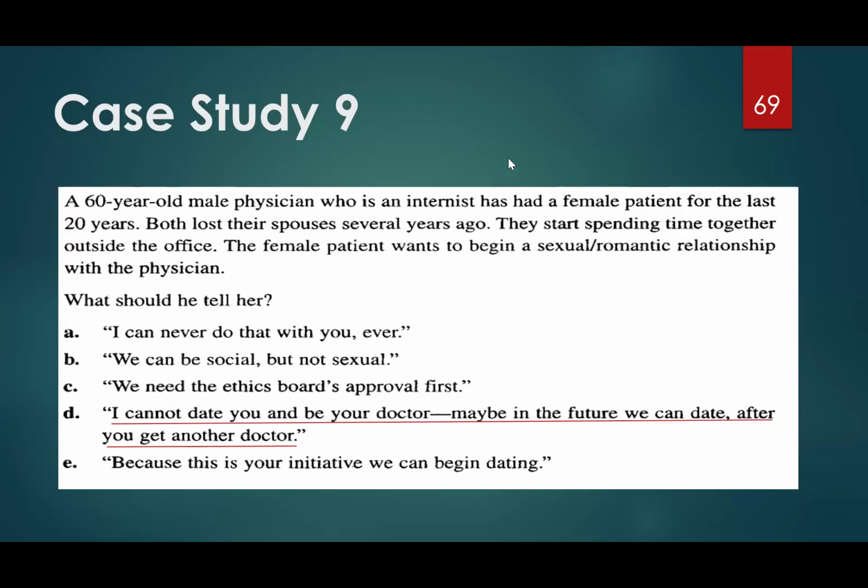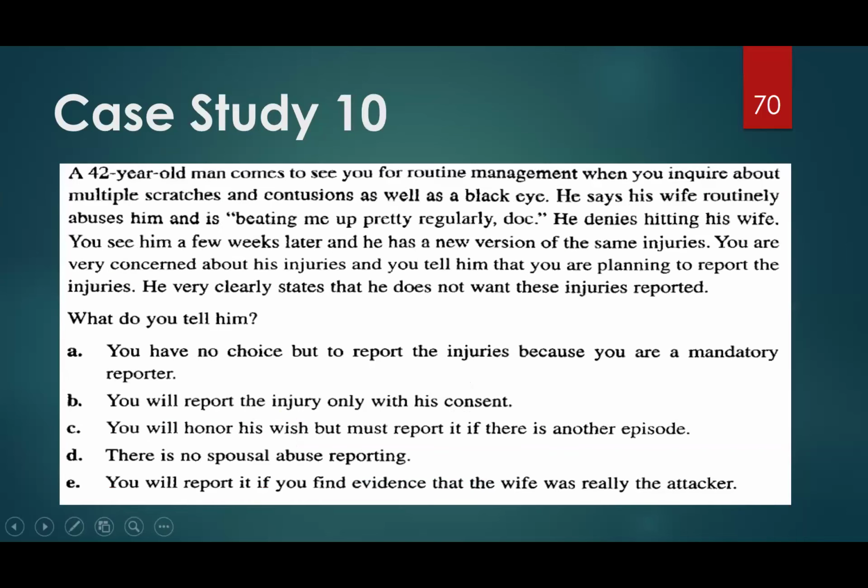Okay, we will move to the next case. A 40-year-old man comes to see you for routine management. When you inquire about multiple scratches and contusions as well as a black eye, he says his wife routinely abuses him and is beating him up pretty regularly, doctor.